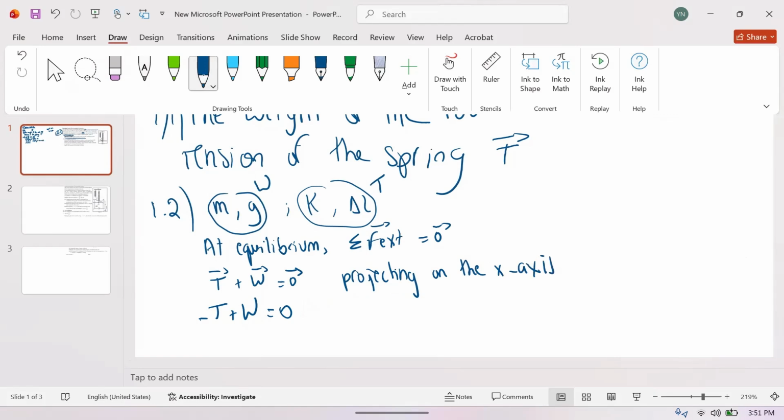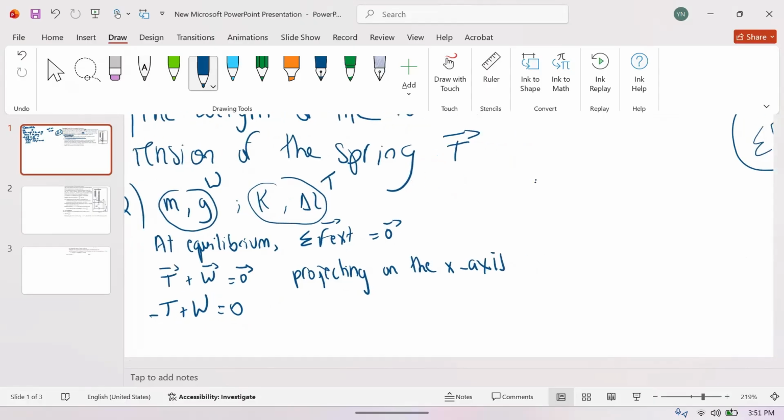Sometimes people forget what projecting actually is. When I tell you you have the tension T, I mean you have the magnitude of T going along the direction of i. It has the same line of action as i, but it's going in the opposite direction of i, so we put a minus.